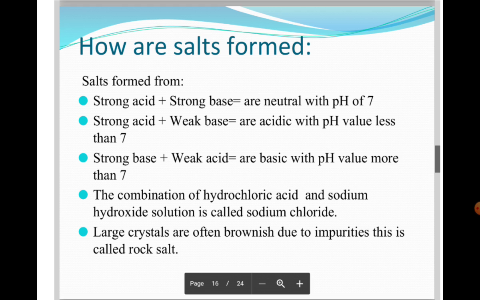A strong base plus a weak acid gives basic salts with pH value more than 7. The combination of hydrochloric acid and sodium hydroxide solution gives sodium chloride.